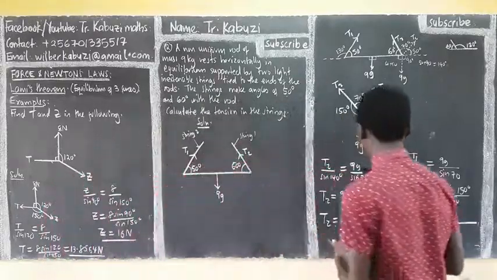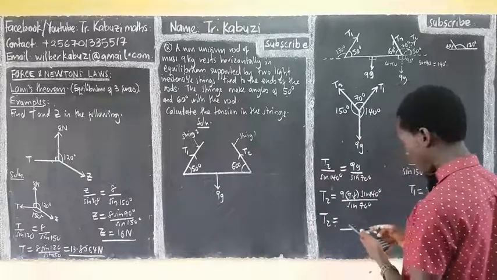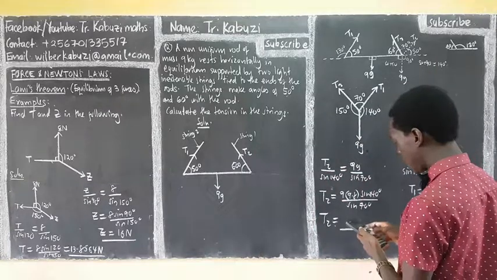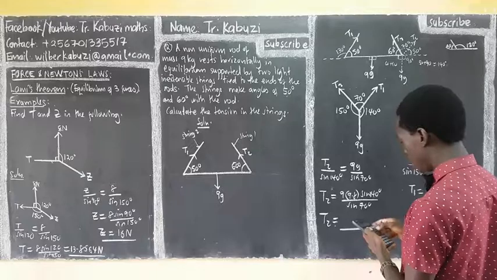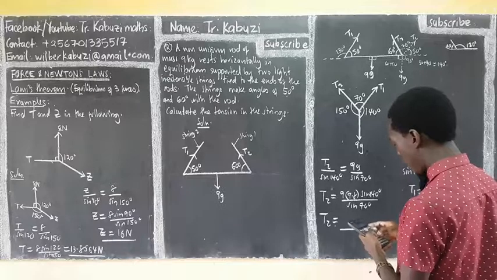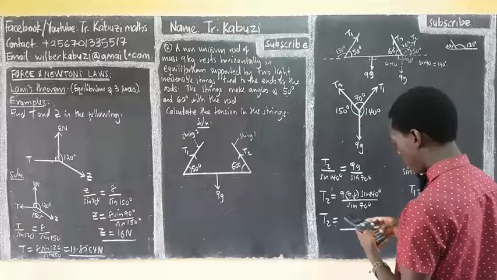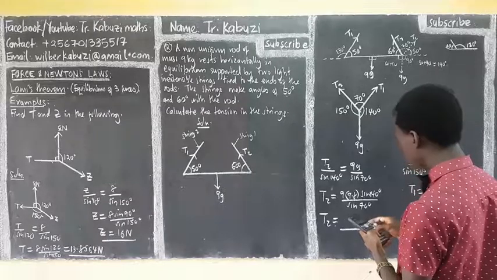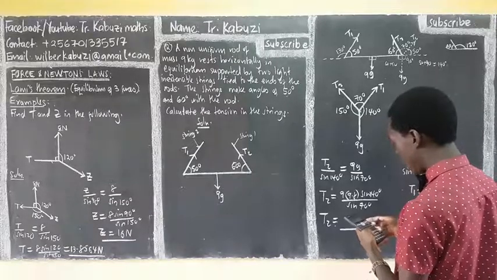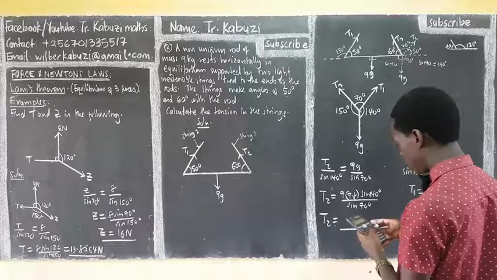So this one is going to be 9 into 9.8 sine 140 divided by sine 70.